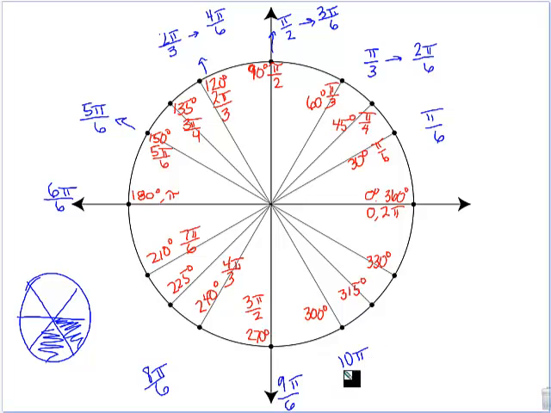Before you reduce it, 10 pi over 6, and reduced down is 5 pi over 3. And then 330, what would that be? 11 pi over 3. Over 3? Over 6. 11 pi over 6. Okay, so those are all of our measurements when we increase by 30 degrees.